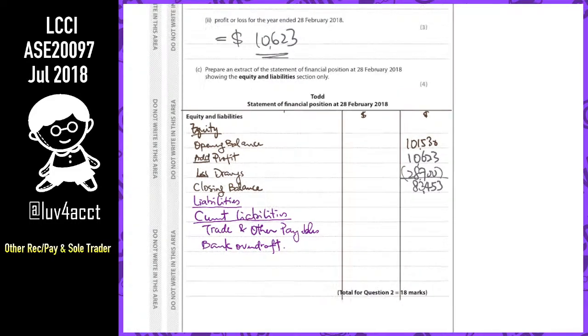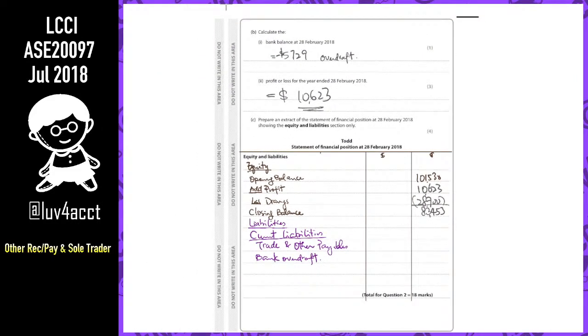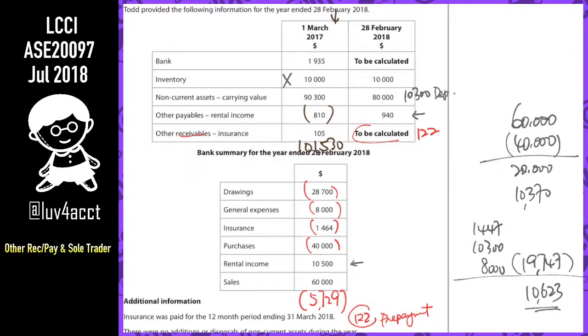Okay, bank overdraft 5729, and then we have trade and other payables. Okay, trade and other payables being 940. Nothing else.